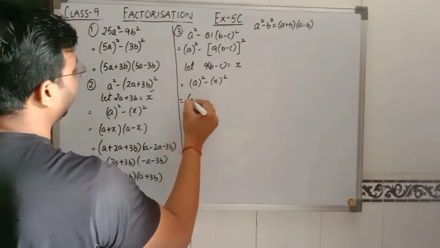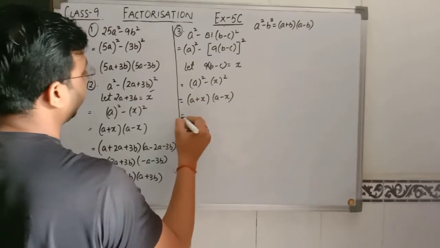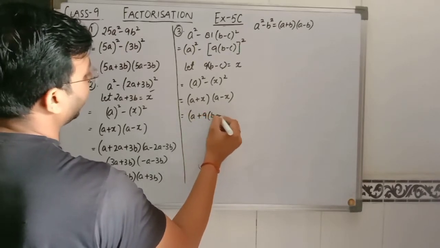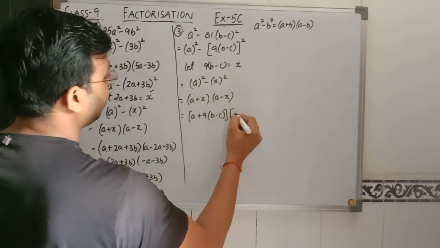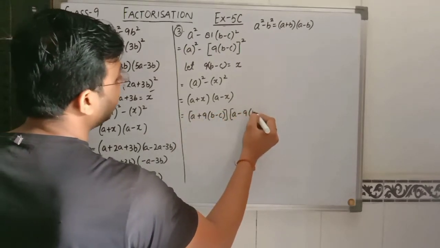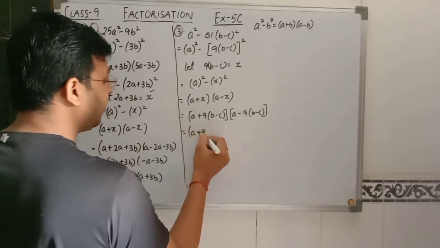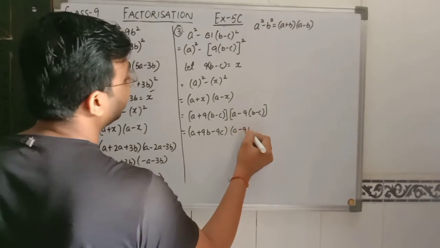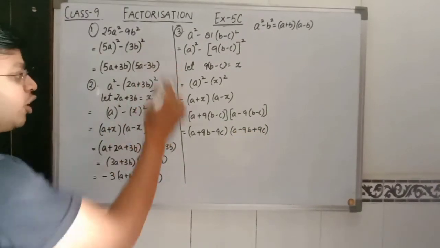Again we can write it as (a plus x) in the first bracket and (a minus x) in the second bracket. Now apply the value: (a plus 9b minus c) and in the second bracket (a minus 9b minus c). Now solve it. It will become (a plus 9b minus 9c) and (a minus 9b plus 9c). So this is the final solution of question number 3.